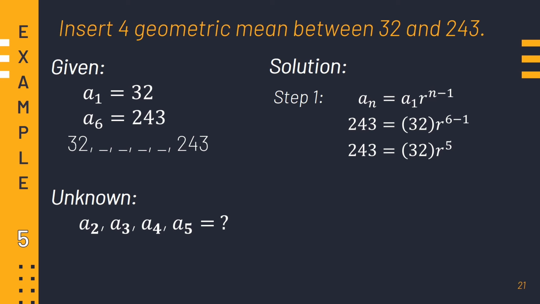Dividing both sides by 32, the next line of the solution will be 243 over 32 is equal to r raised to 5. And to solve for the value of r, we will be taking the fifth root of the numerator and the denominator. So, therefore, the common ratio of the given sequence is 3/2.